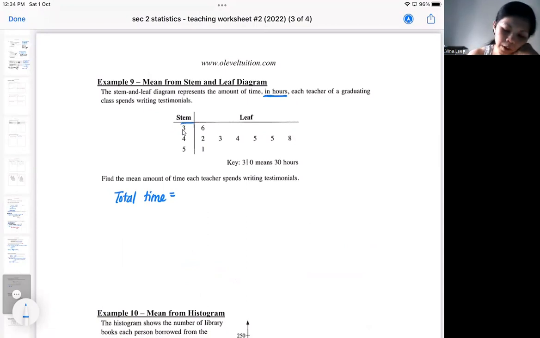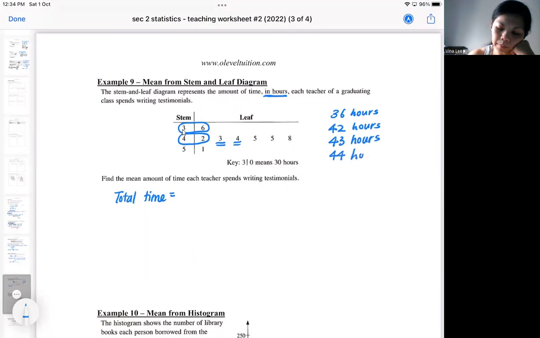So I got one teacher who spent 36 hours. And I got another teacher spending 42 hours. Another teacher spending 43 hours. Another one spending 44 hours.